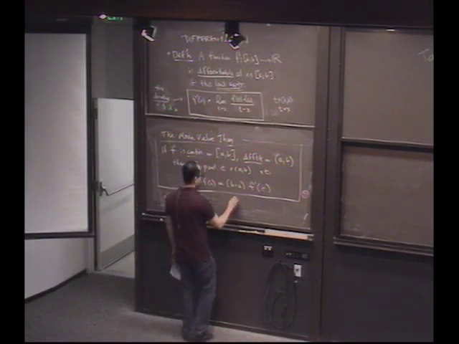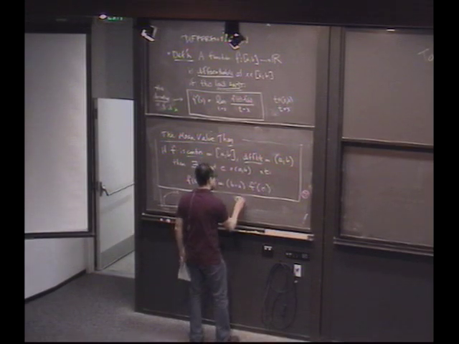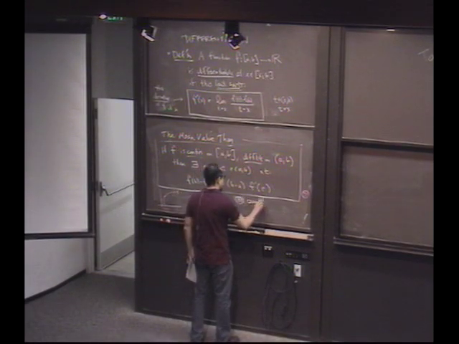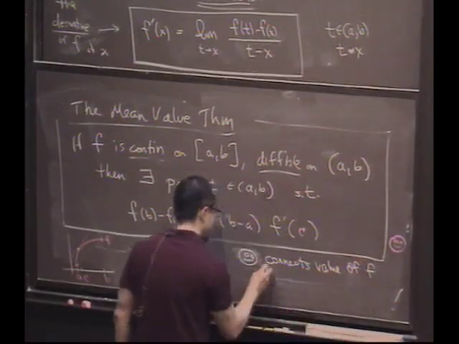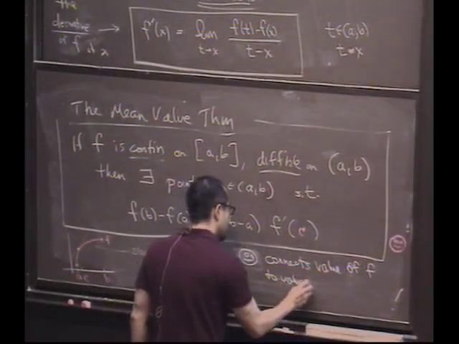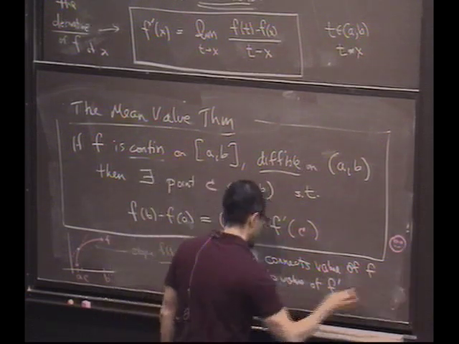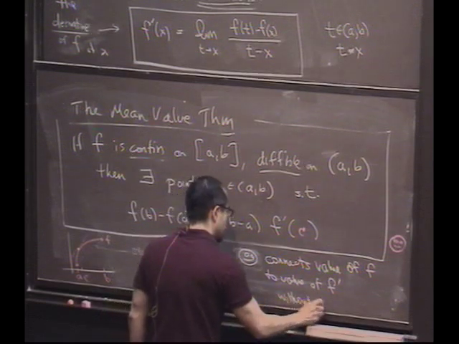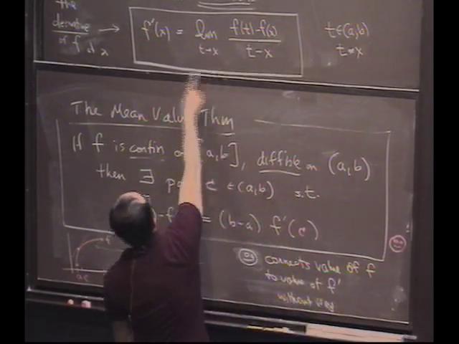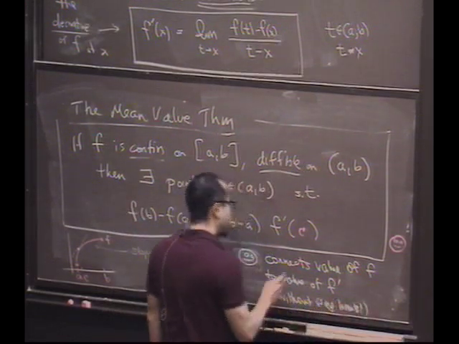Notice that it connects the value of f to the value of f prime somewhere, right? Without using limits. Obviously the definition connects the values, but that's what's nice about this.